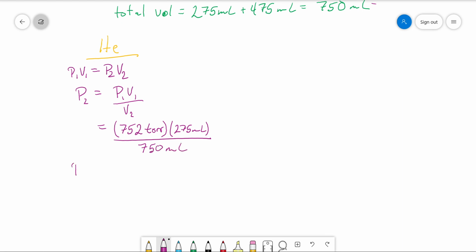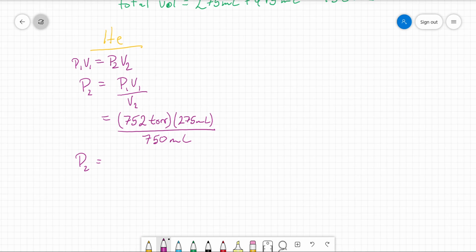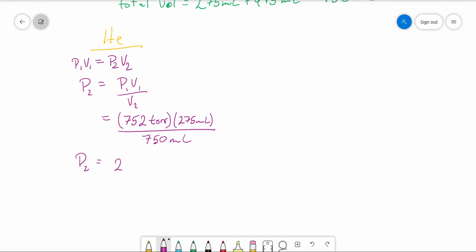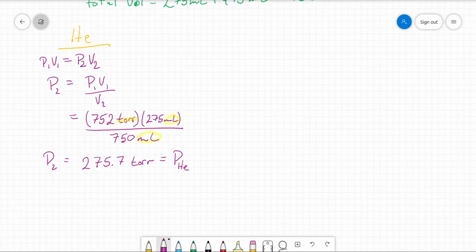And we get a P2 here of 275.7 torr. And notice it didn't matter that I used mLs and torrs. It doesn't matter what my units are. They're the same on both sides, so that it just works out. Okay. And I'm going to rename this. Instead of P2, I'm going to call this P sub HE, because that's the partial pressure of helium.